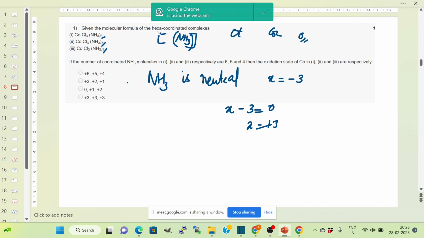Here they have also said that it is hexa coordinated complex. But if Cl was out, then we would have taken it as +3, no? Means coordination number. Just give me a second. Let me think about it. One second.